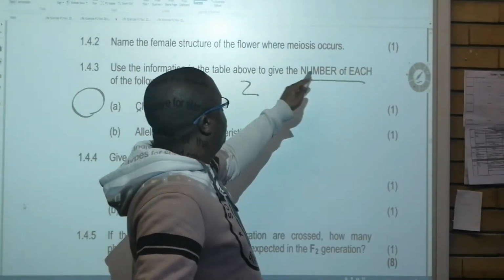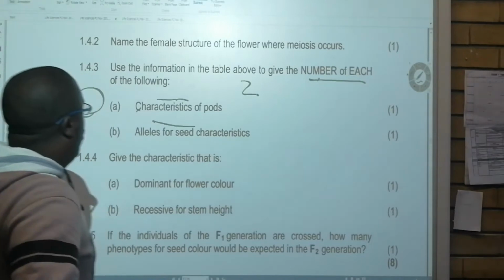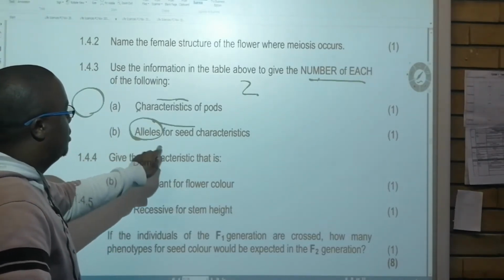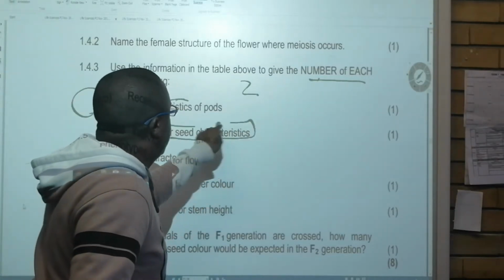Use the information to give the number of alleles for seed characteristics.